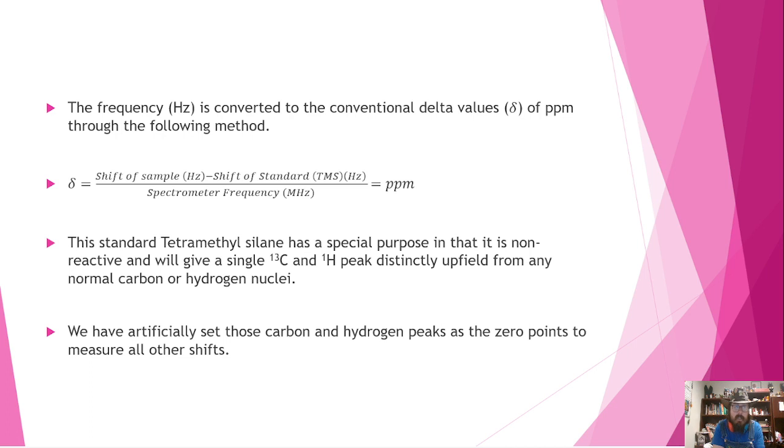Now, what we know about silicon is that it's particularly electropositive, less electronegative than carbon. So carbon suddenly becomes the electronegative one.